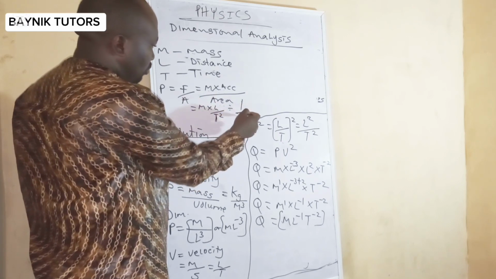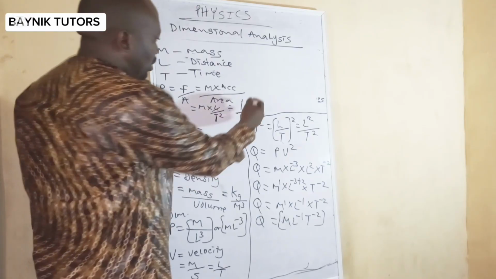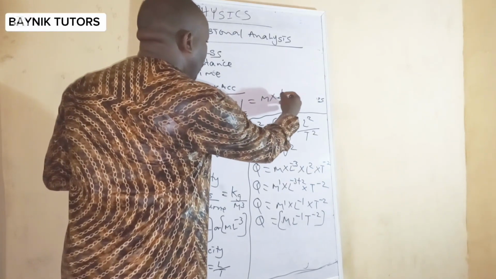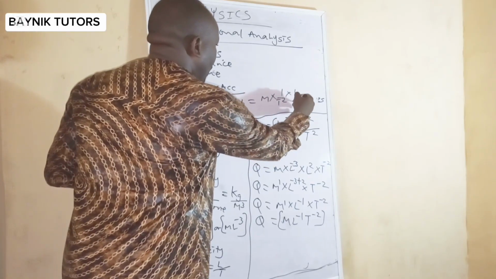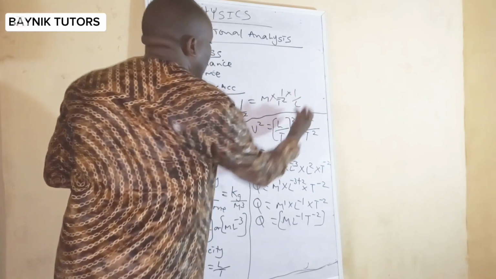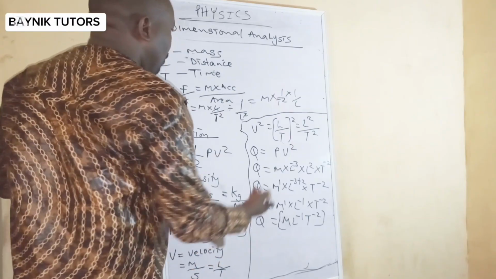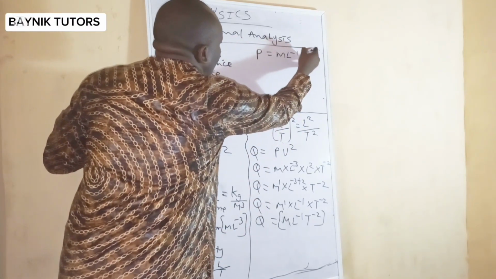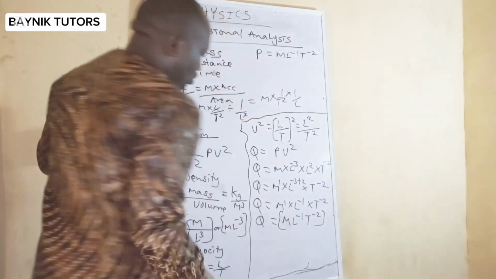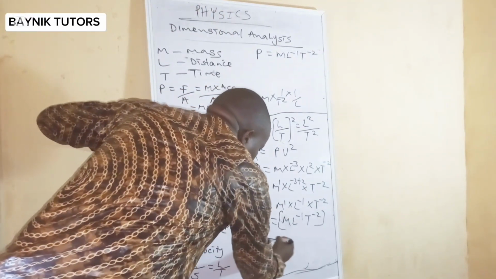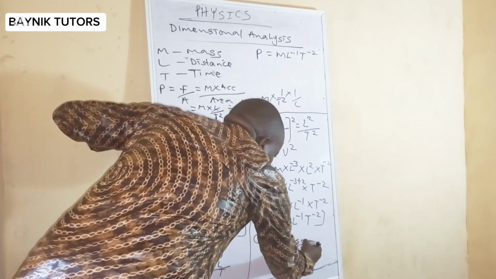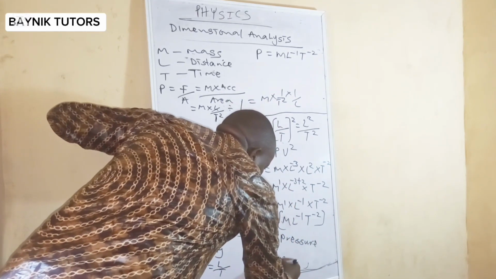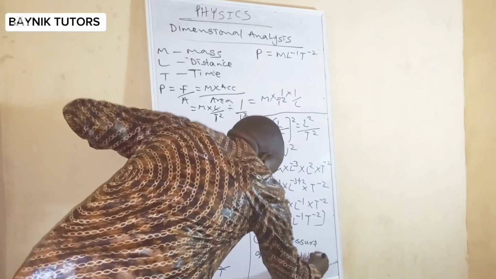So from here, this will cancel this, so it is only one L. So we have M times 1 over T square times 1 over L. So automatically, we've confirmed that pressure is M L minus 1 T minus 2. So we can now say Q means pressure, or Young modulus. Both of them are the same, Young modulus.